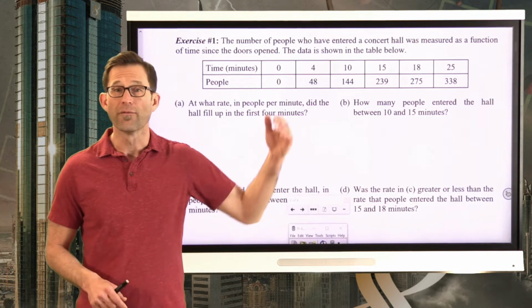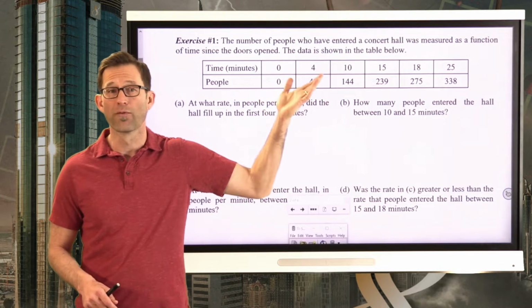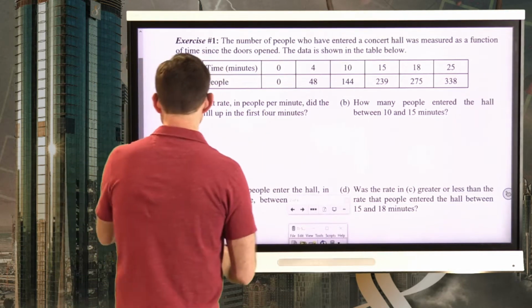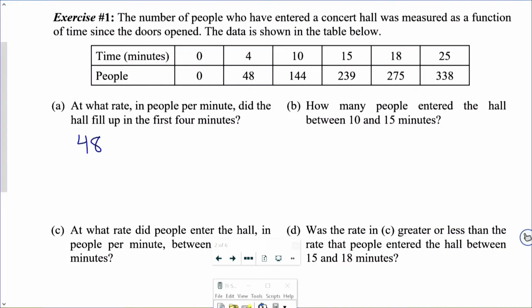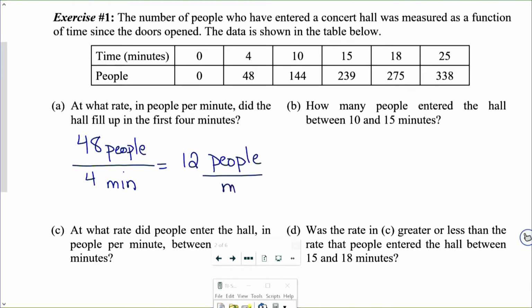All right, well, if 48 people entered over 4 minutes, then it makes a lot of sense to just do 48 people divided by 4 minutes. And of course, 48 divided by 4 is 12, and that's 12 people per minute.